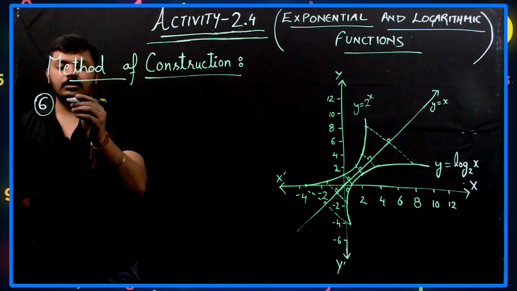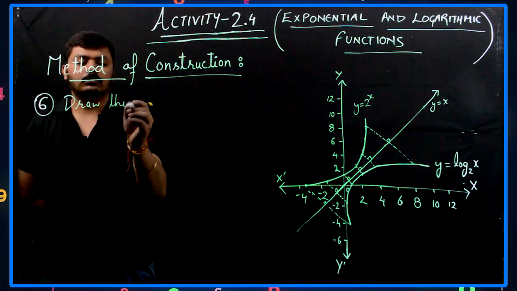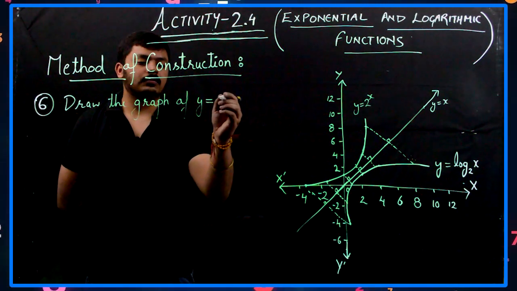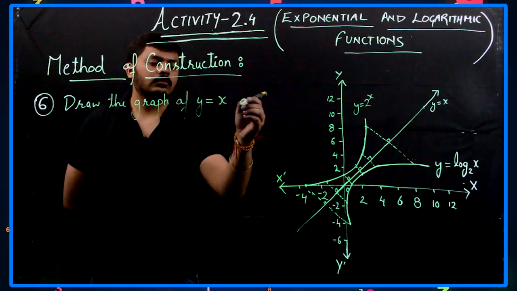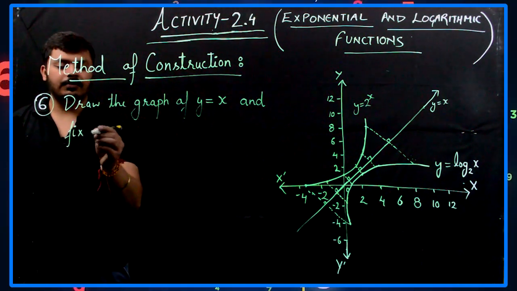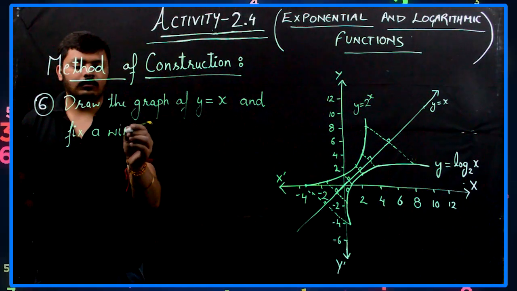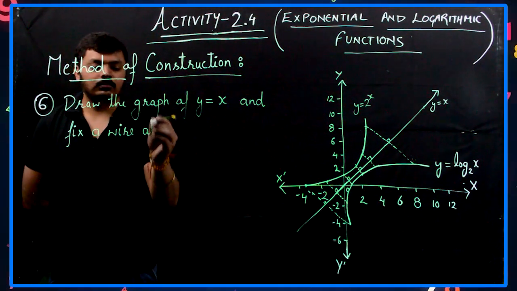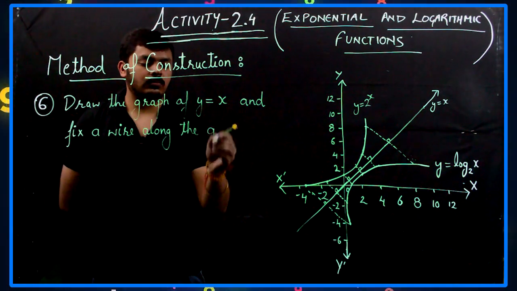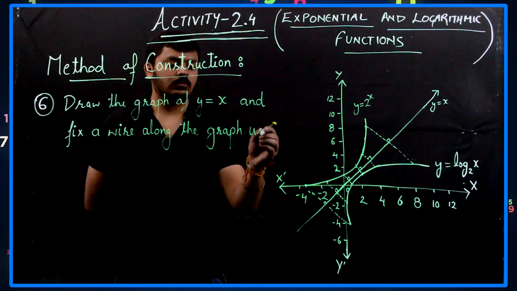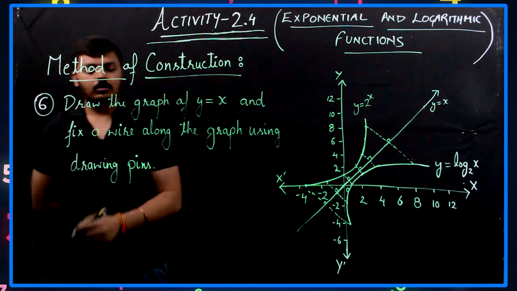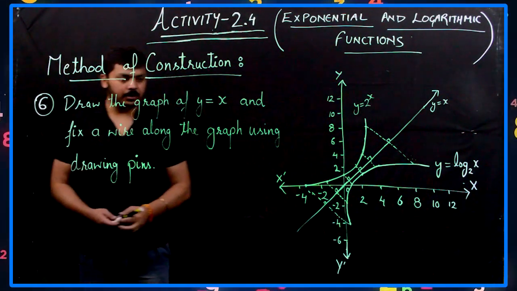Now in step 6, draw the graph of y equals to x and fix a wire along the graph using drawing pins.